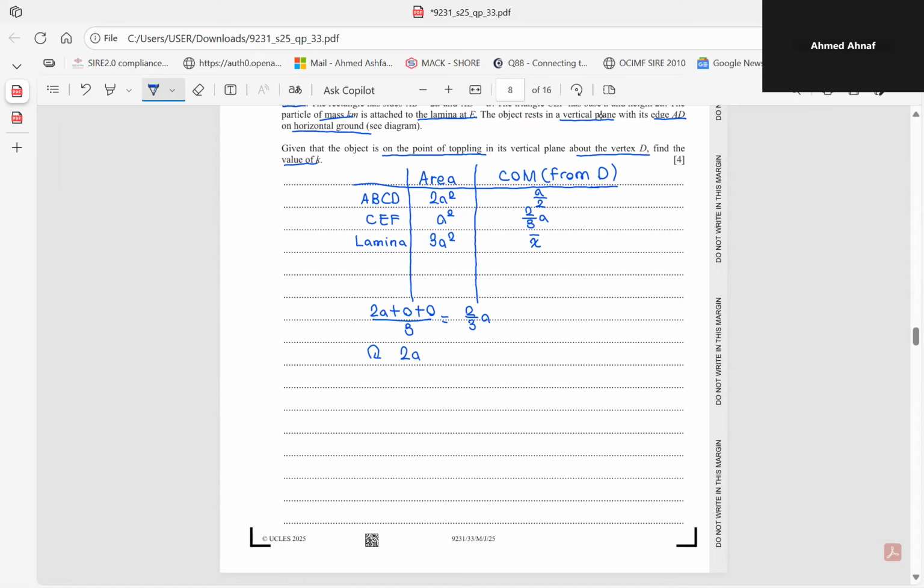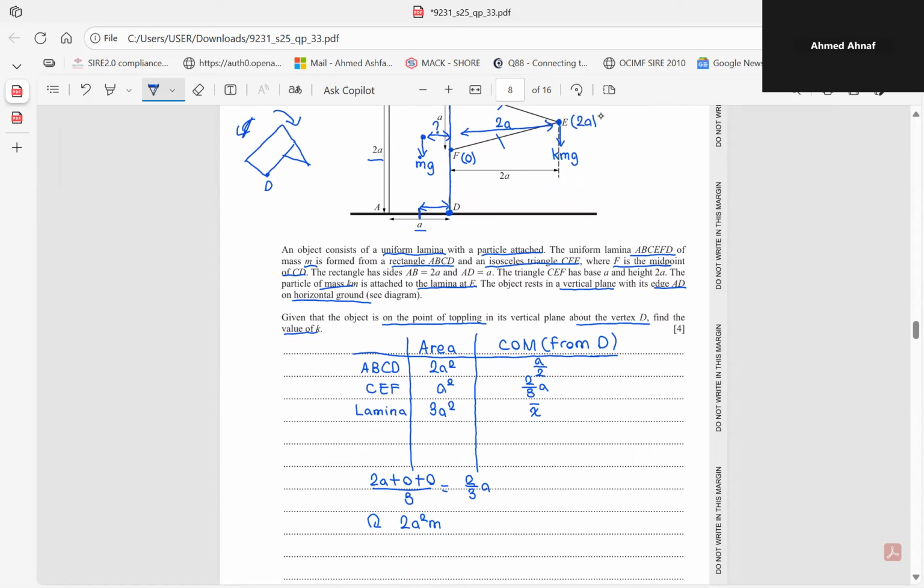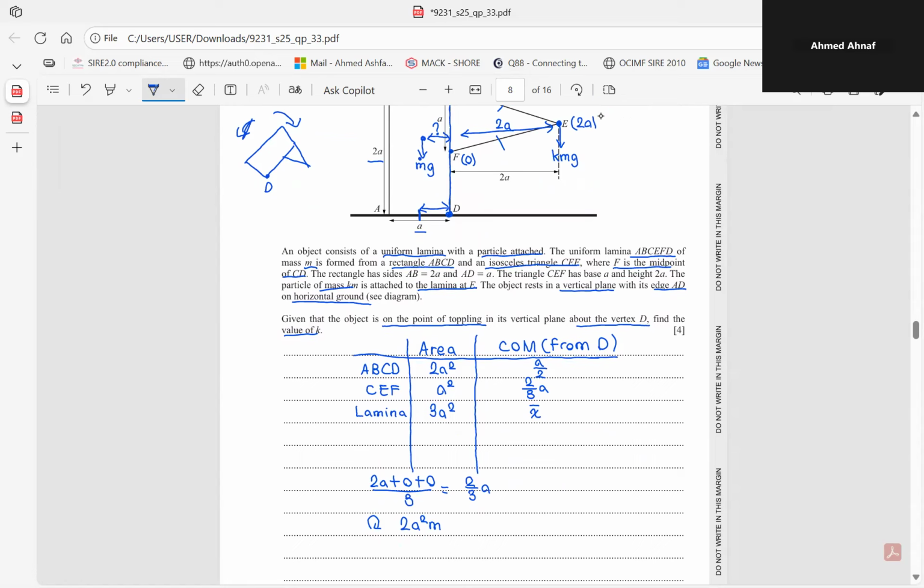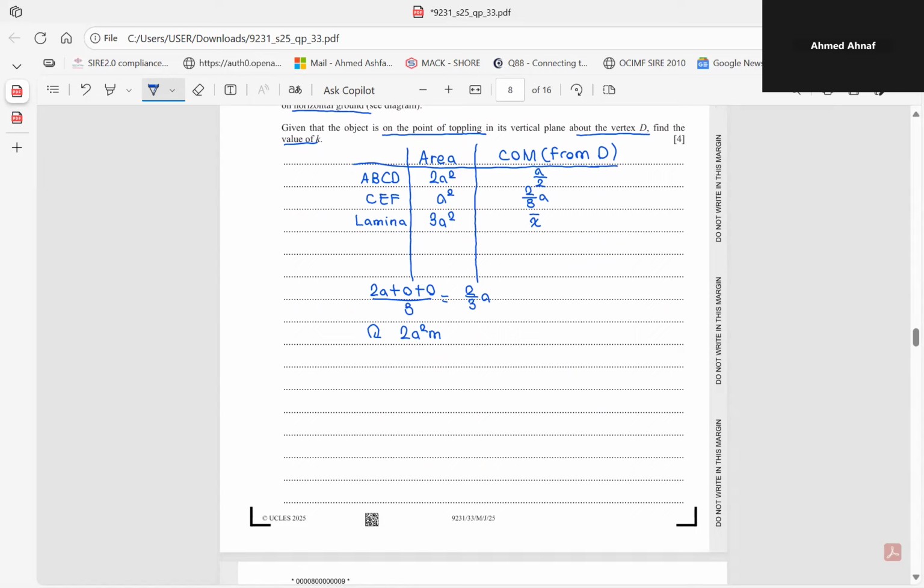You'll get 2a squared m, because it's a uniform lamina so the mass is directly proportional to its area, times the distance a over 2, plus a squared m times 2a over 3. You'll get 3a squared m x bar.